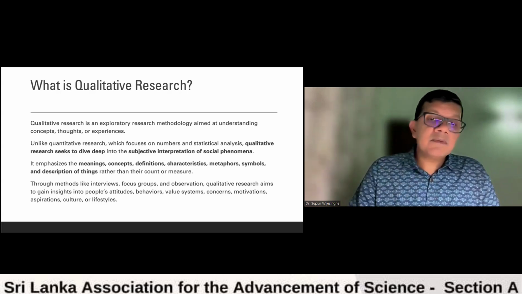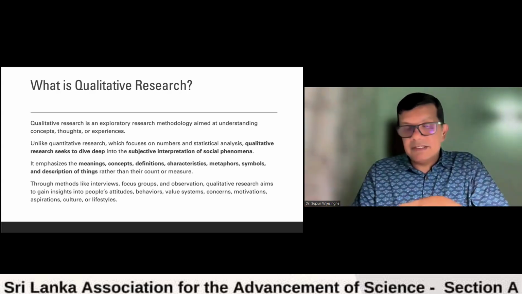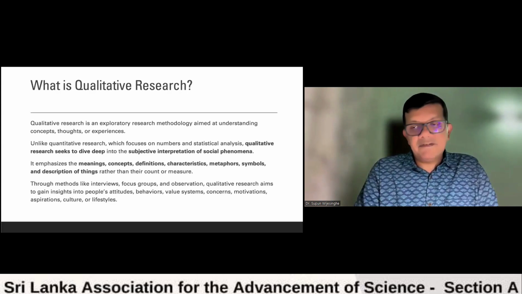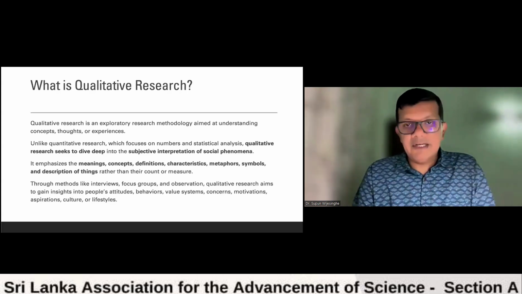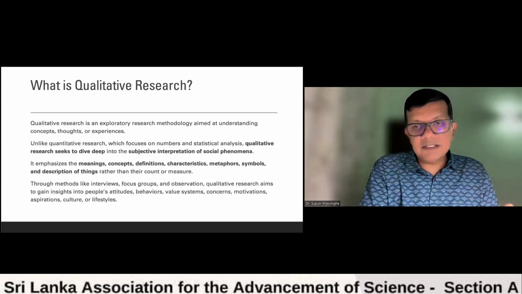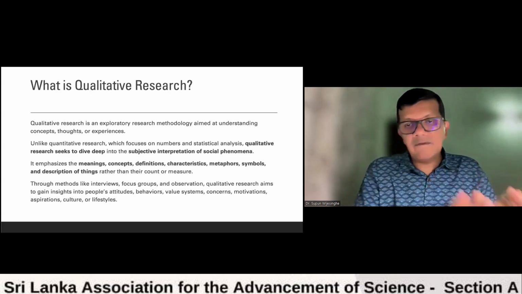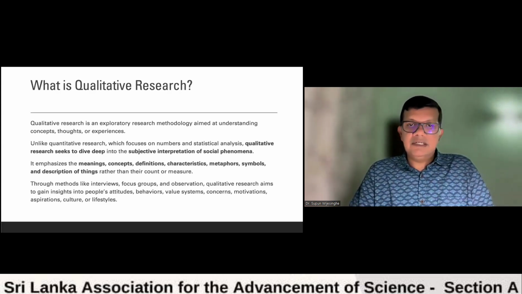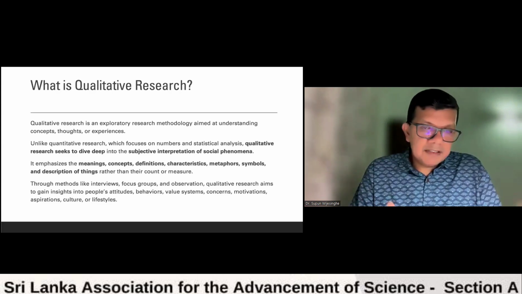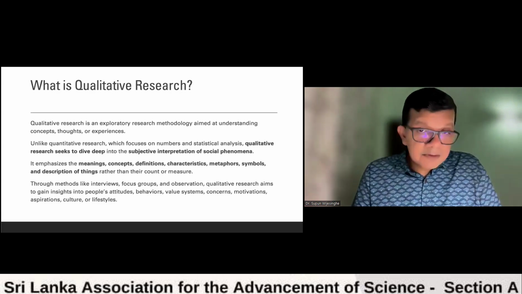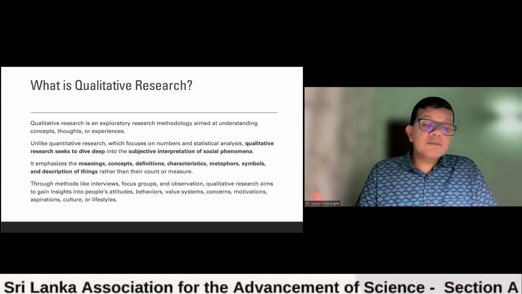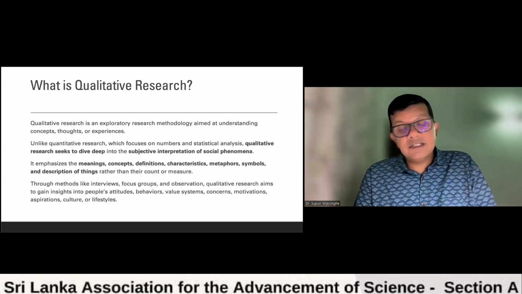So we are going to discuss meanings, concepts, definitions, characteristics, and metaphors and symbols in qualitative research, rather than just counting measures, numbers, zeros and ones as in quantitative research. The methods are pretty obvious for most of us. They are interviews, focus group discussions, and observations.